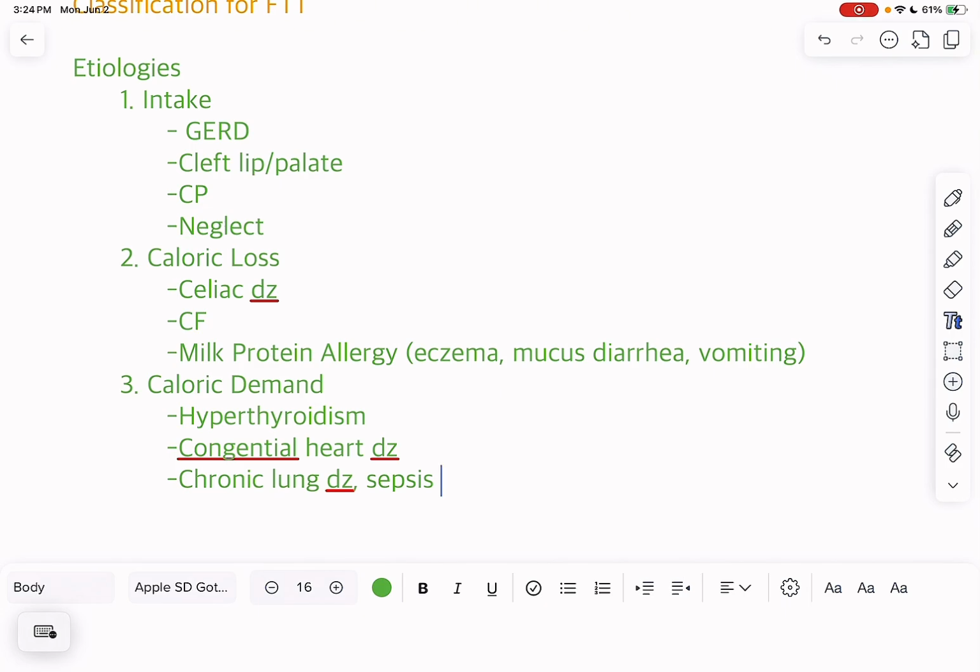So, for example, with congenital heart disease, there potentially is not enough oxygen getting to tissues, and thus the heart has to work harder. There's more demand on the heart, and thus vital tissues are beholden to this congenital heart disease, and thus kids have more demand for the nutrition, essentially.